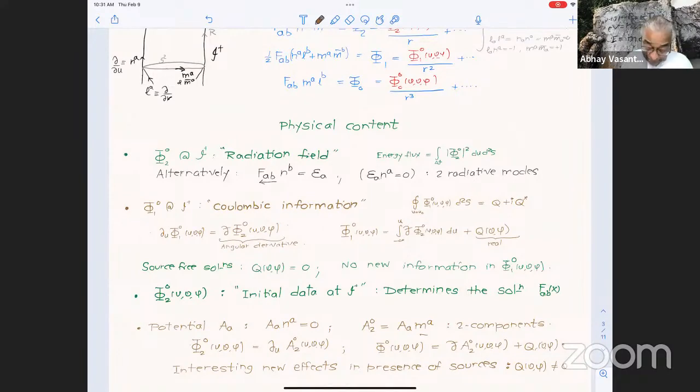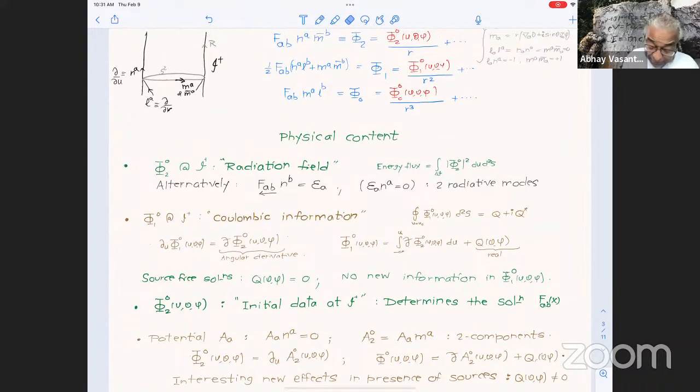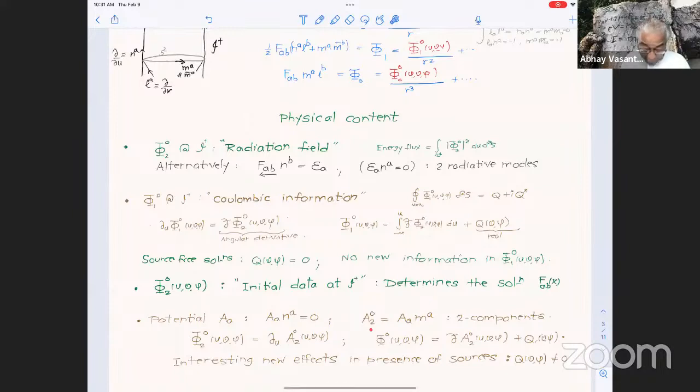This is exactly what happened with respect to the field strength. In the field strength, we had this E_A, and I took its m-bar component to get phi2 naught. So we do the same thing with A, and I get A2 naught.